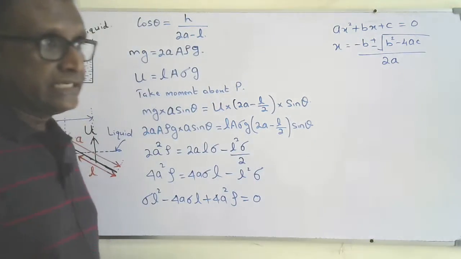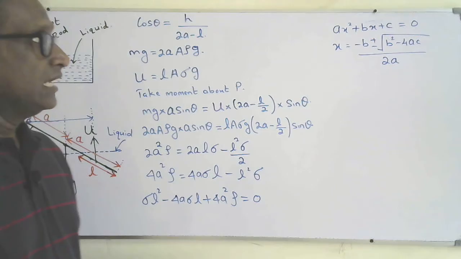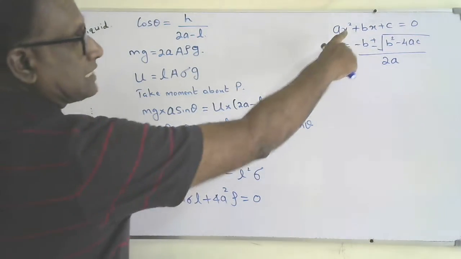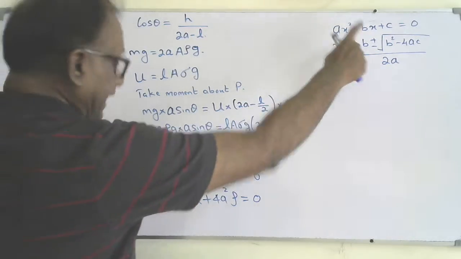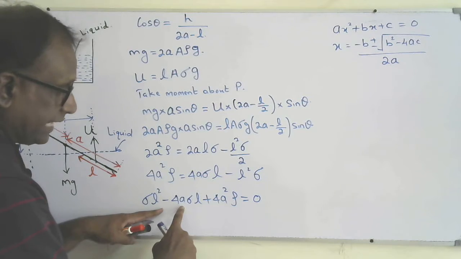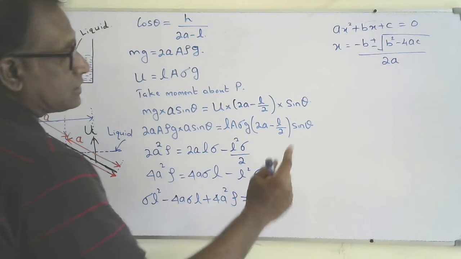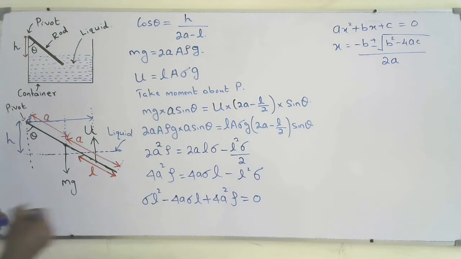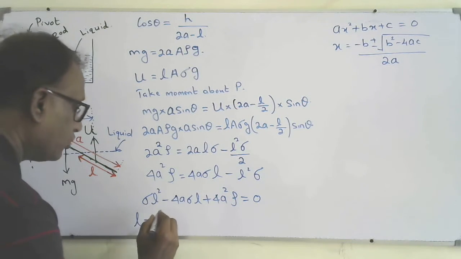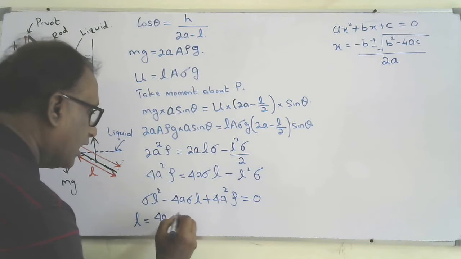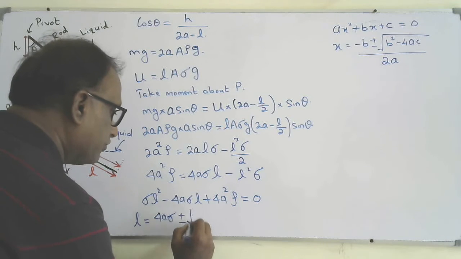To have a real solution without any complex numbers, b squared must be greater than 4ac. So here we compare it with the ax squared plus bx plus c format. Here a is sigma, b is minus 4a sigma, and c is 4a squared rho. So I can say L is equal to minus b, meaning 4a sigma, plus or minus square root of b squared.